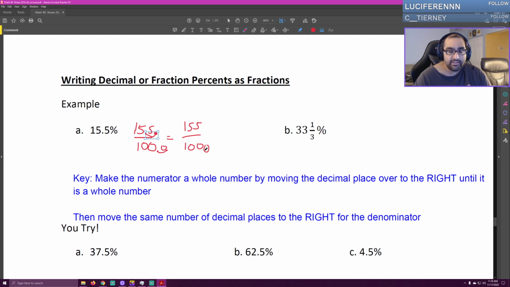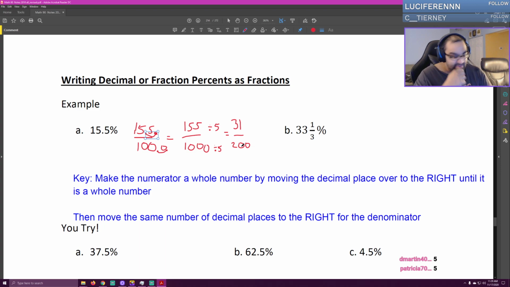What can we divide the numerator and denominator by? 5, okay, that's fair. Again, we have a 5 and a 0 here, so yeah, 5 is fair. We can divide by 5, numerator and denominator, to reduce this fraction down. So 155 divided by 5 is 31, and 1,000 divided by 5 is 200.